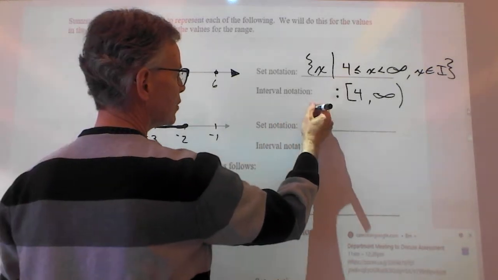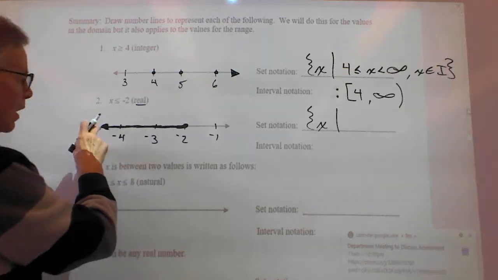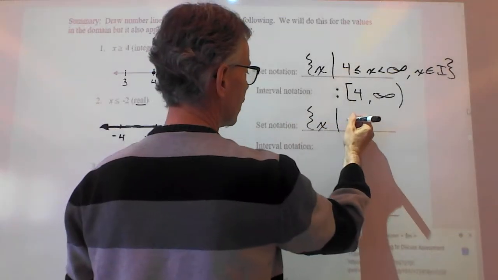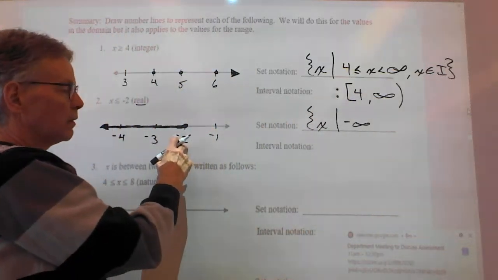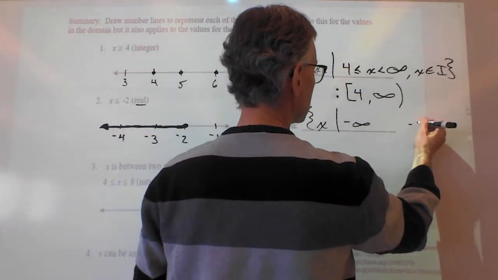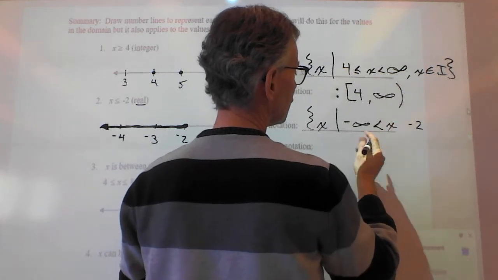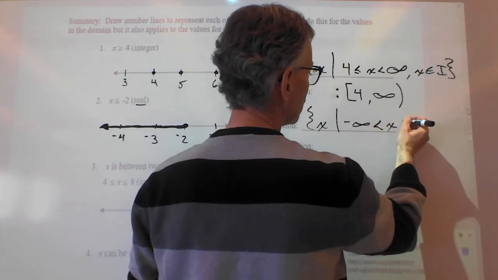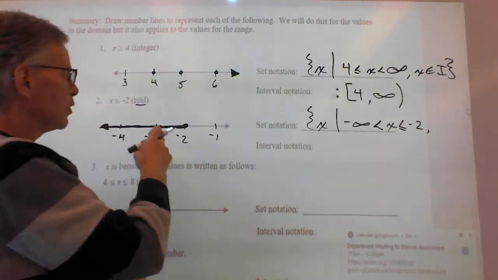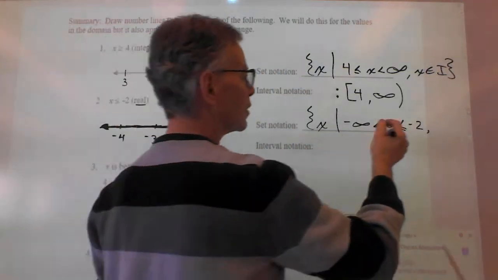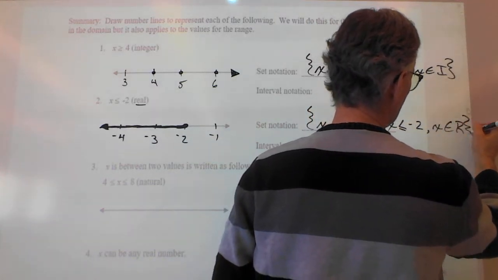So for set notation, we say x such that, well, my lowest number would be -infinity, my highest number, -2, and x is in between. Okay, it has to be greater than -infinity, not greater than or equal to, and it has to be less than or equal to -2, and we've been told we're dealing with the set of real numbers, so x is an element of the set of reals.